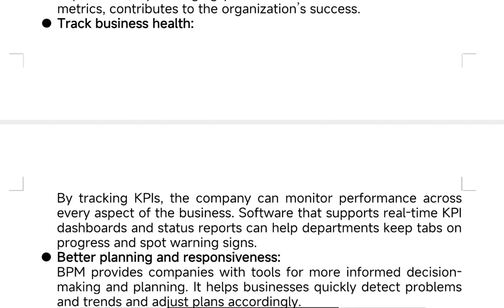For this wide area of a business, data is very huge, right? So it is important to have a tool that will help you to track down the health of your business.